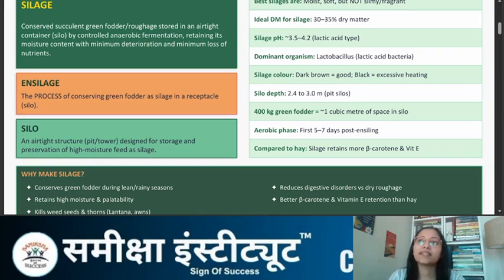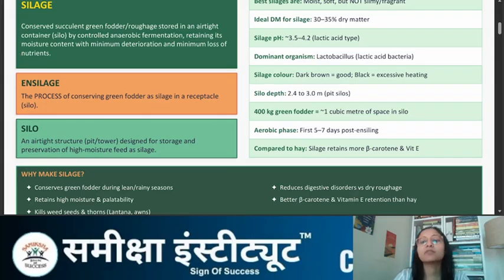The nutrient characteristics are sometimes enhanced as well. The crude protein content is enhanced when we add NPN compounds externally, and the weeds that are present alongside get their anti-nutritive factors neutralized. Then there is minimum deterioration and minimum loss of nutrients.